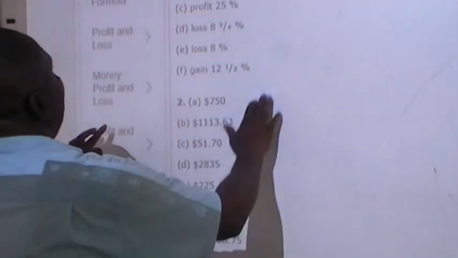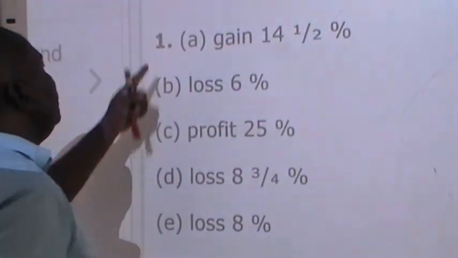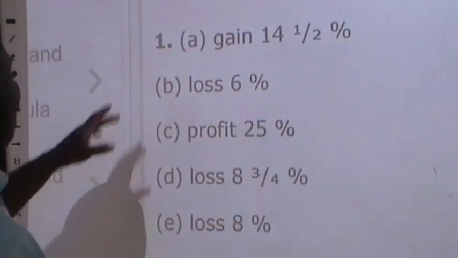Loss percent is 6%. Number 1b, loss is 6%. Can we see that? Perfect. Now, let's go to the next question, which is 1C.